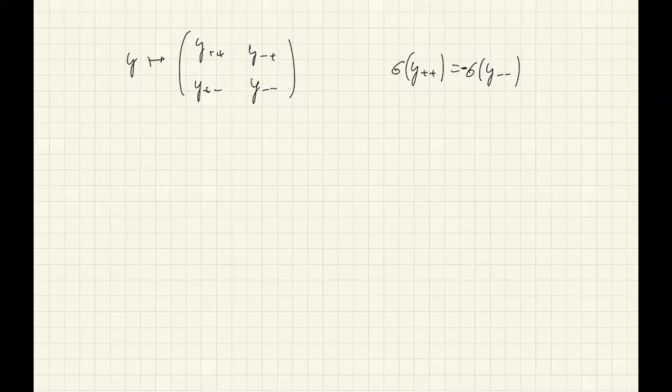So the spectrum of the representation is symmetric. And so we want to think about what holomorphic functions we can construct. So if we know the spectrum of y plus plus and y minus minus, we want to take holomorphic functions on y plus plus and y minus minus.